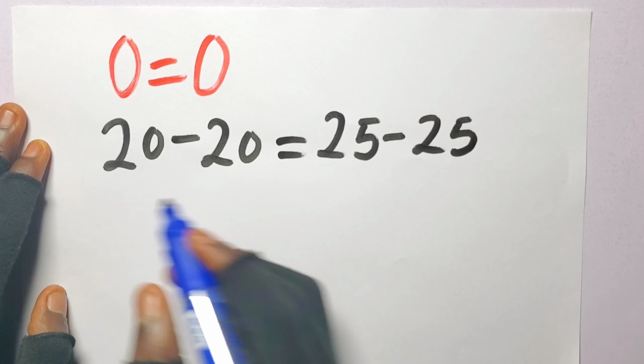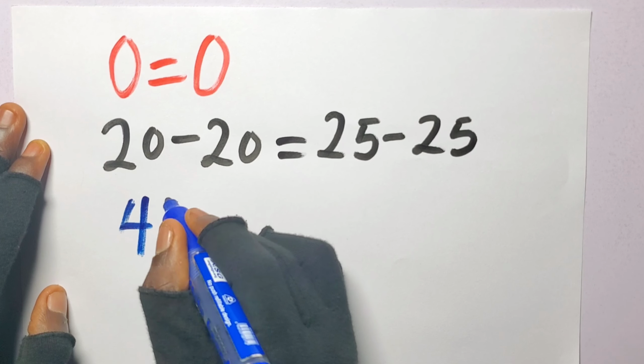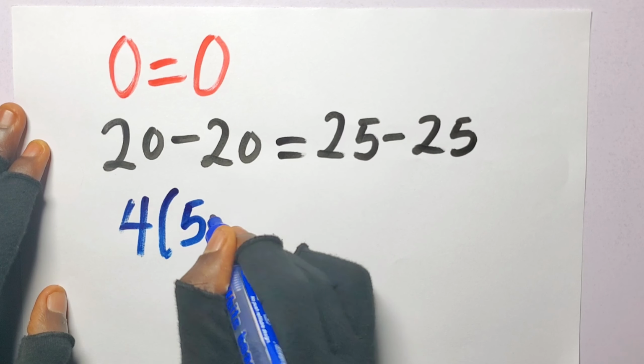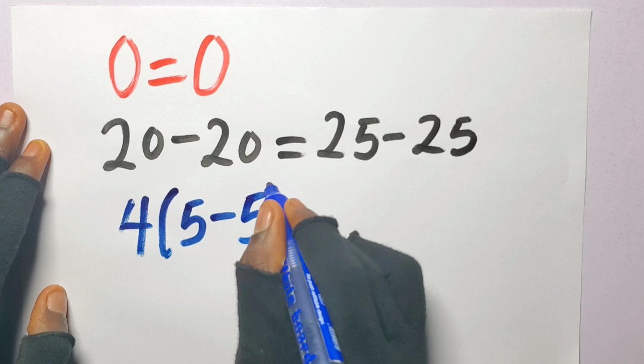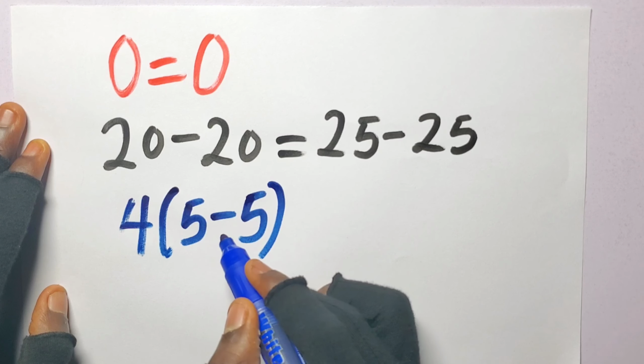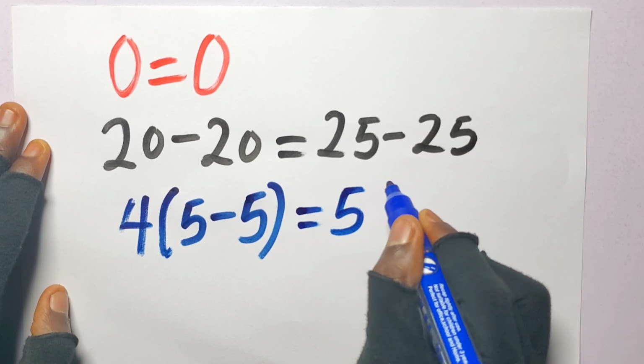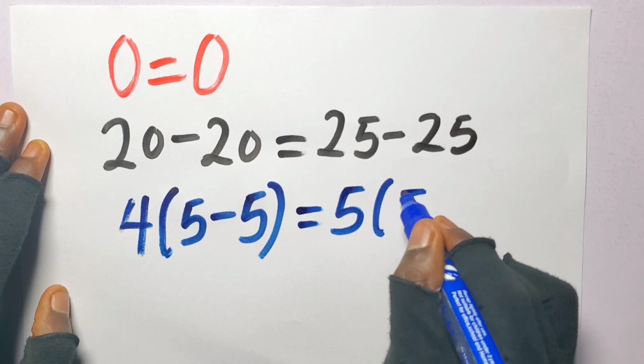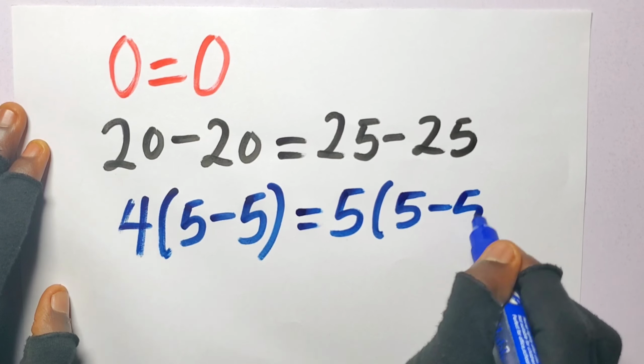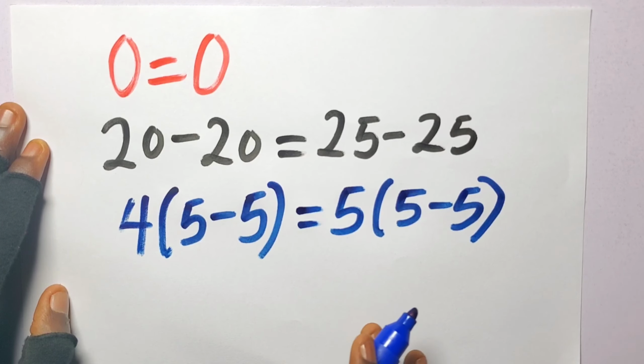Let us factor the number 4. Open bracket 5 minus 5 equal to 5 minus 5. Now, let us factor the numbers.